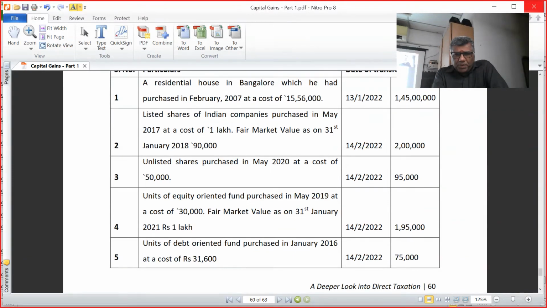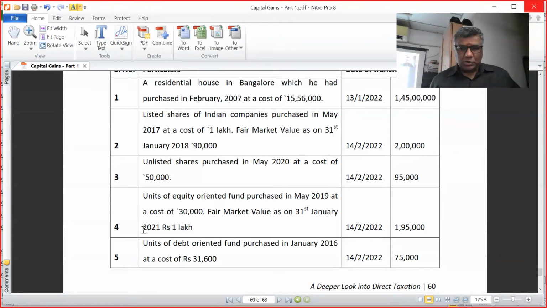Unlisted shares purchased at a cost of 50,000 in May 2020. Units of equity oriented fund purchased in May 2019 at a cost of 30, fair market value as on 31st March 2018.